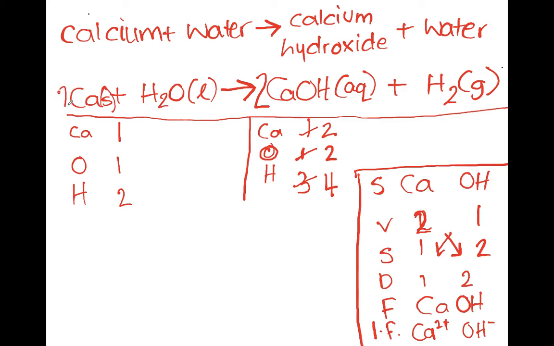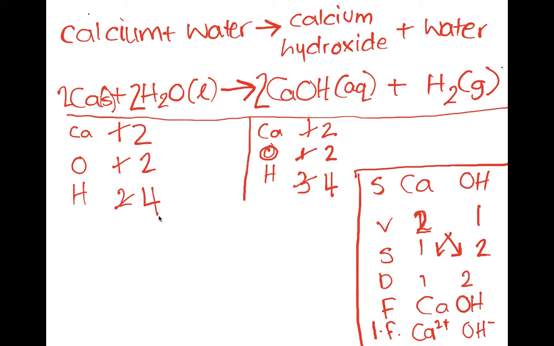So put a 2 here for the calcium hydroxide. Then we have balanced hydrogens. So our balanced formula is Ca plus 2H2O gives Ca(OH)2 plus H2.